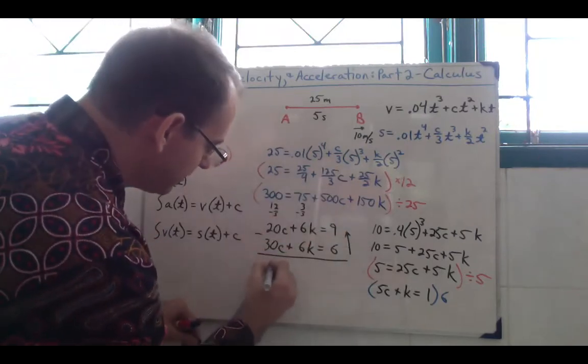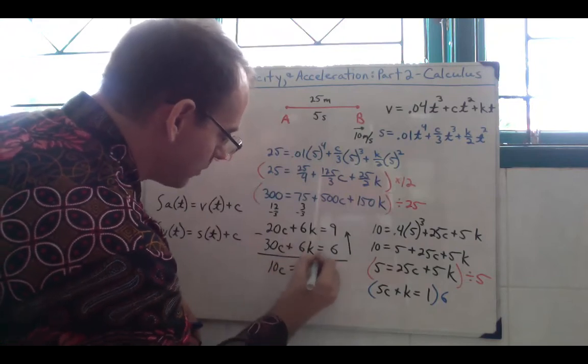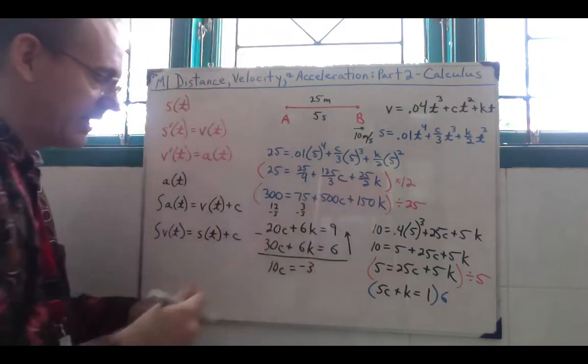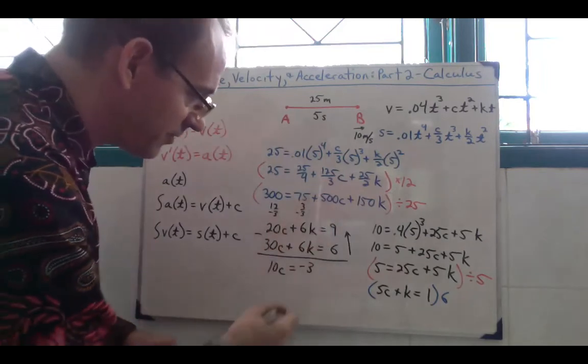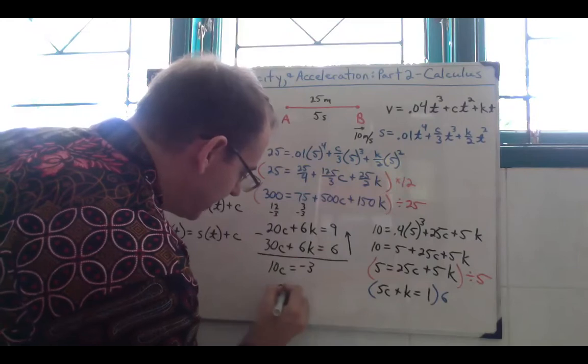So this arrow here simply means I'm subtracting going up instead of down. So we get 10C equals -3. 6 minus 6 is 0, the K's cancel, and 6 minus 9 is -3. And now I just divide by 10.